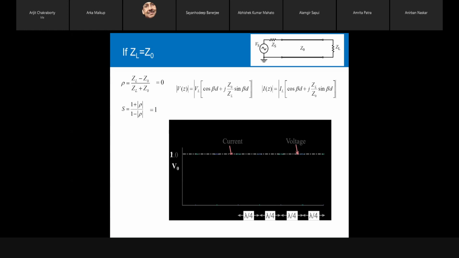Question is, what does it mean? I need some time to discuss with you whether you do understand this point or not. Do you follow the significance of matching? Because our whole concern is whether my line is matched or unmatched. That means my load is matching with the line impedance or not.